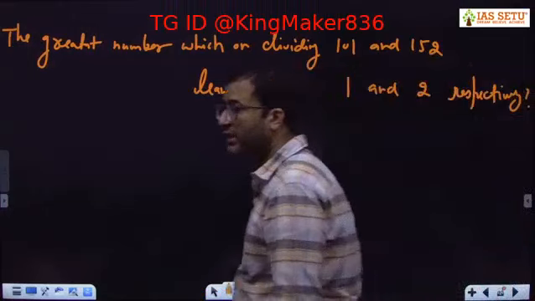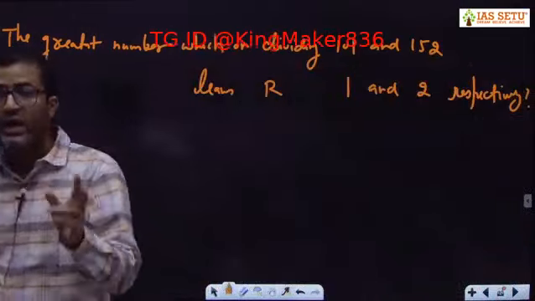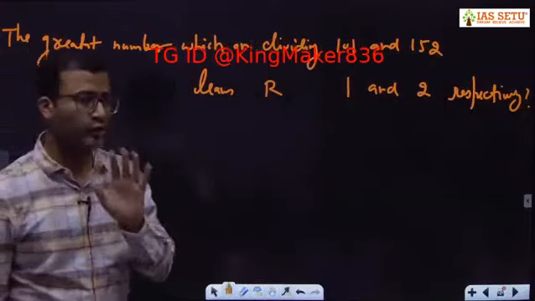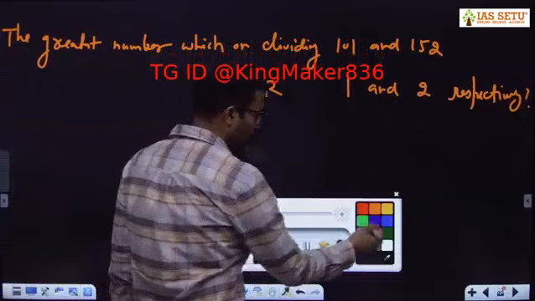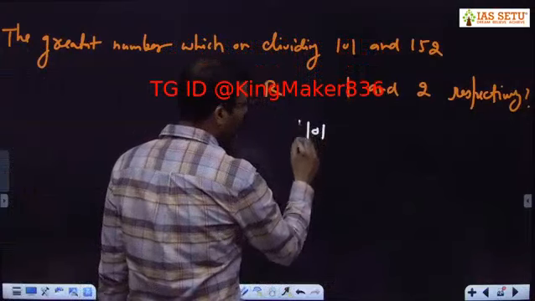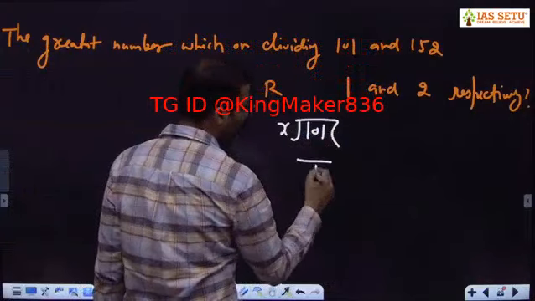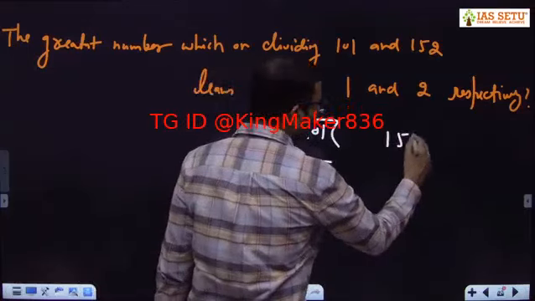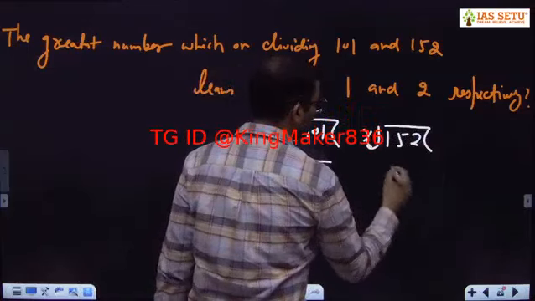So it means 101 gives you remainder 1 and 152 gives you remainder 2. So logically, for those who have not understood, I explain. It means 101 divided by x gives you remainder 1, 152 divided by x gives you remainder 2.